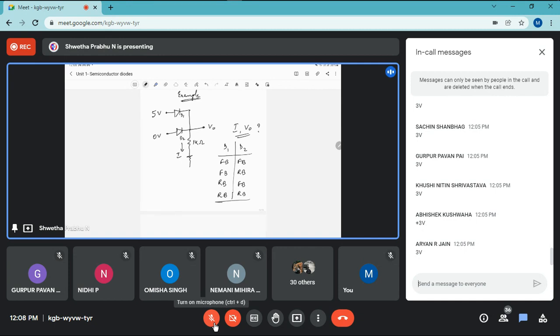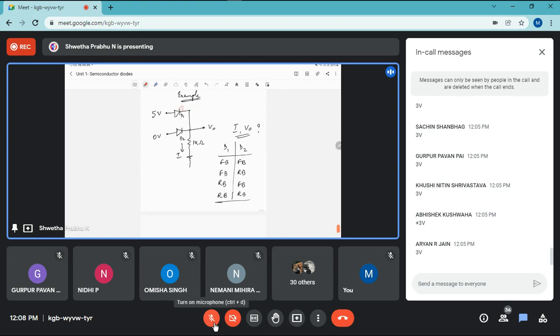With reference to these cases, you'll have to come to a conclusion and find the value of current and the output voltage. Okay, so first let me consider the first case, that is when both the diodes are forward biased.